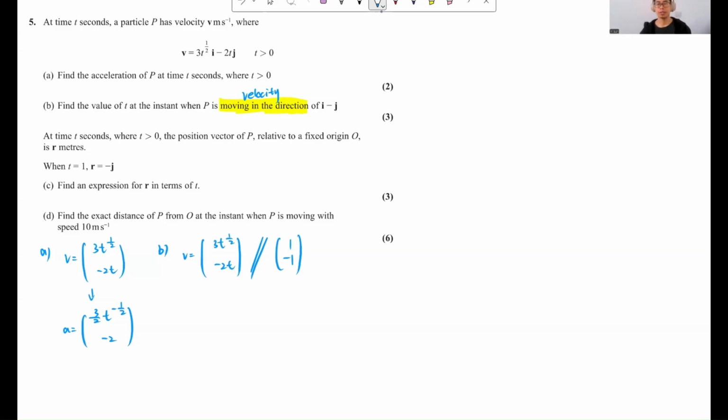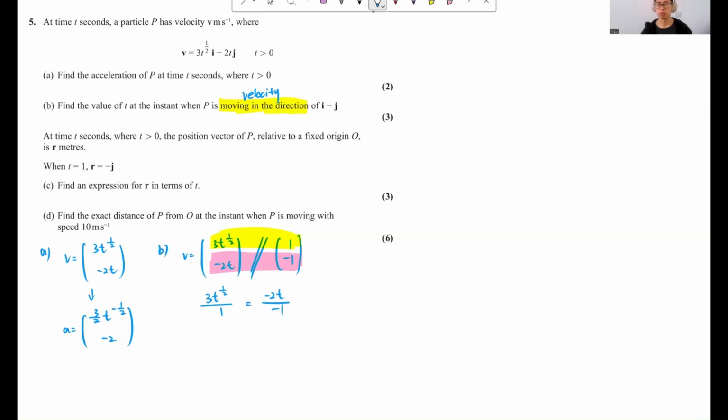If two vectors are parallel to each other, then the scale factor between each component has to be the same. So the scale factor for the i component has to be the same as the scale factor for the j component. To set up the equation, we do 3t to the power 1/2 over 1, and let it equal the scale factor for the j component, negative 2t divided by negative 1.